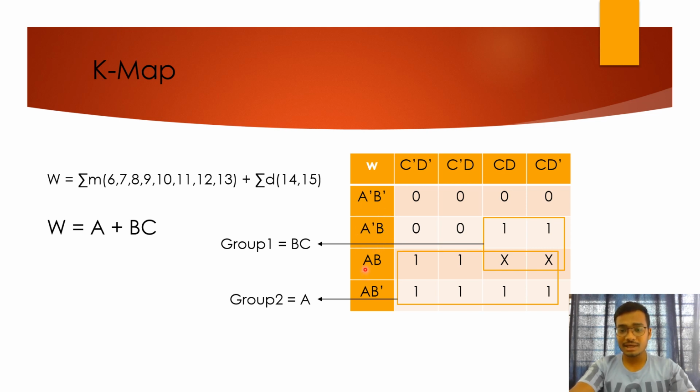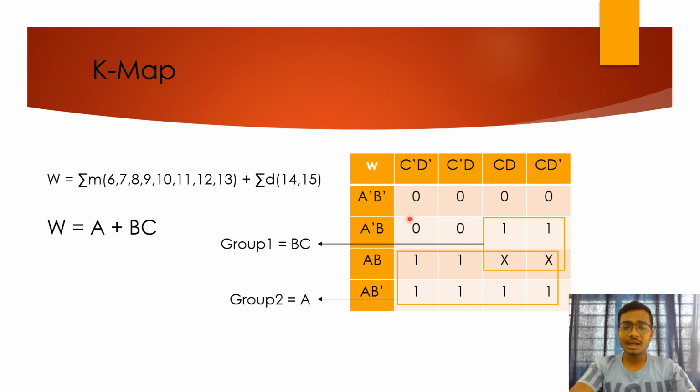If I take A B bar, that is 0 1, the difference between these two will be 2, so that can't happen in gray code. So we have A bar B bar, that is 0 0, then A bar B, that is 0 1, then A B, that is 1 1, then A B bar, that is 1 0. Between these consecutive elements, the difference is 1. Similarly here too.